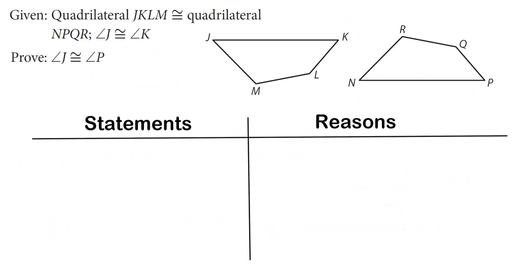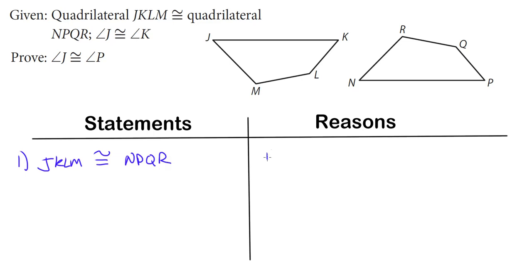So let's take a look at our next example. It says given quadrilateral JKLM is congruent to quadrilateral NPQR and that angle J is congruent to angle K, prove that angle J is congruent to angle P. So again, our first statement is going to be that quadrilateral JKLM is congruent to quadrilateral NPQR.